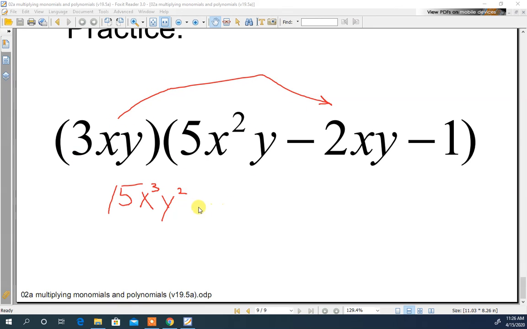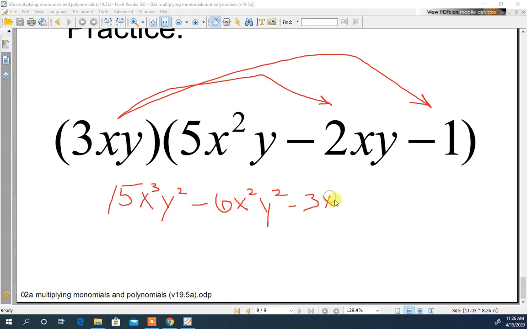So 3 times negative 2 is negative 6. X times x is x squared. Y times y is y squared. Now the last one. 3 times negative 1 is negative 3xy.